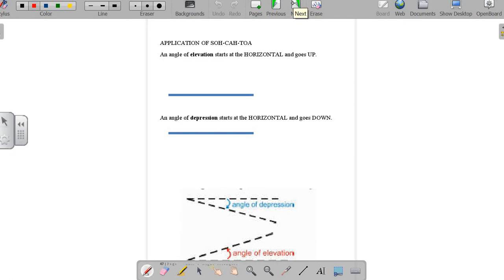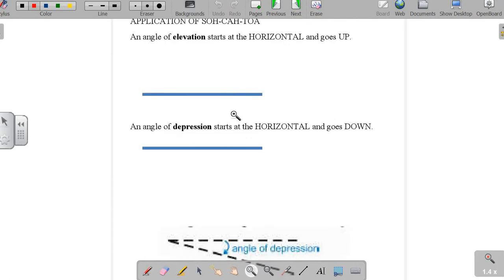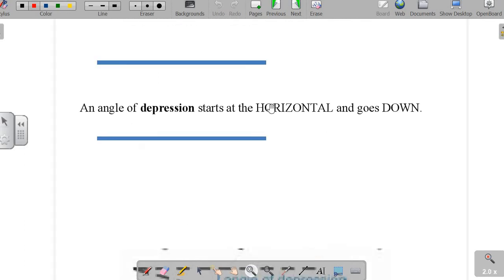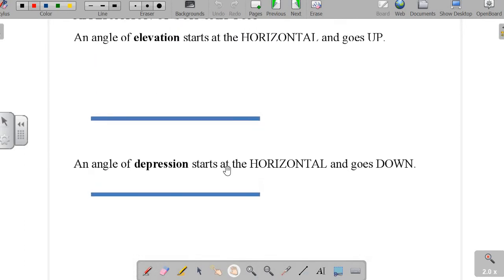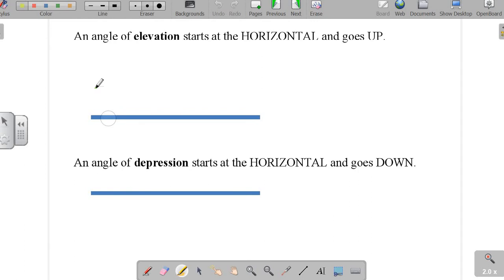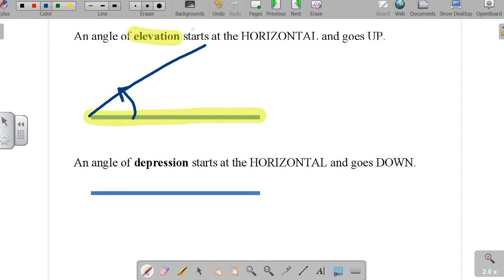Now we're going to do application of Sohcahtoa, but there's some important vocabulary to understand before we do that. An angle of elevation starts at a horizontal and angles upward. That would be an angle of elevation.